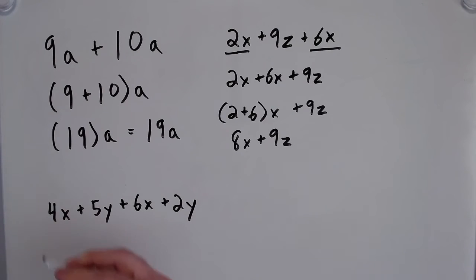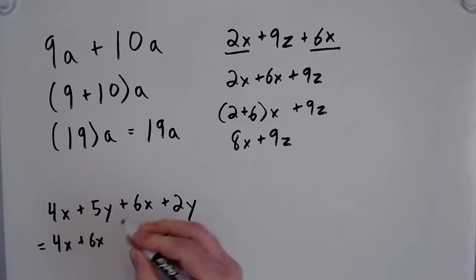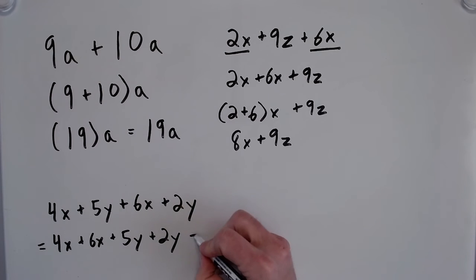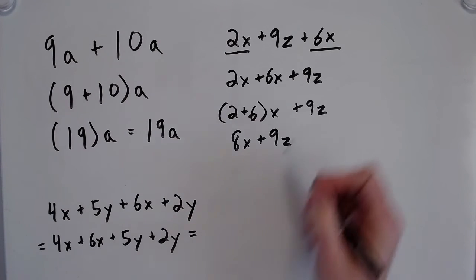So just for the sake of this example, I'm going to rewrite this as 4x plus 6x plus 5y plus 2y. So what I've done is rearrange so the x's are over here and the y's are over here. So instead of factoring out all the numbers, we can combine like terms and skip this step.